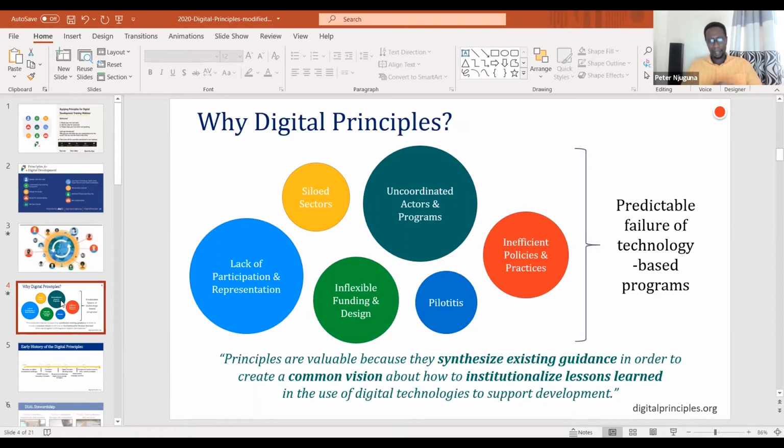There is also the problem of pilots. In the early 2000s, many organizations who tried to adopt technology in their work ended up having pilots and proofs of concept that never took off to scale.